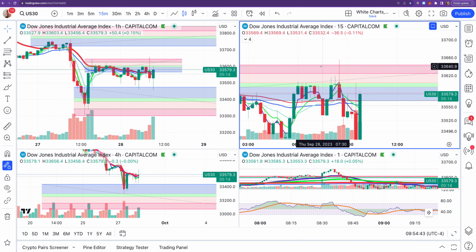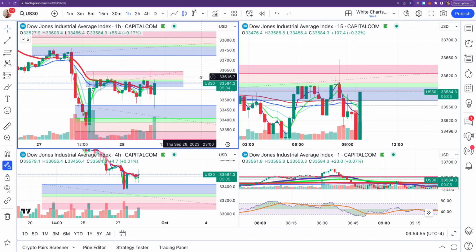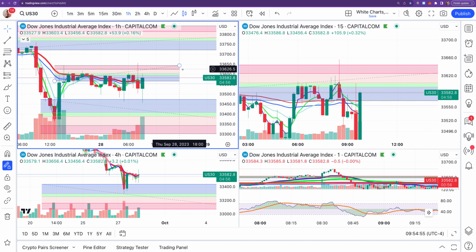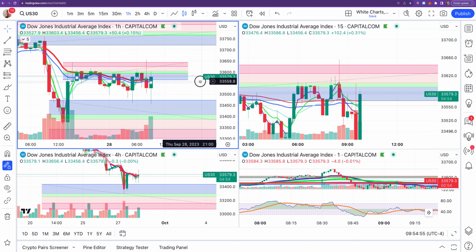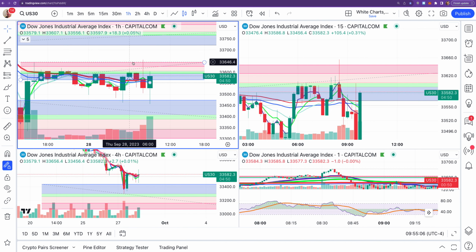The 1 hour order block had a top up here at 33,644, and the 4 hour order block also had a top at same exact level. So I'm like, that's a place for reversal. Now I didn't trade this because this is the first time I'm actually looking at it this way. But I'm like, that's going to be a strong level of resistance, and I'm pretty sure.